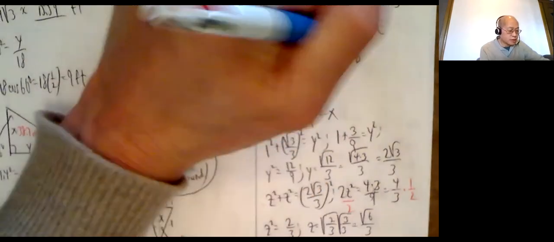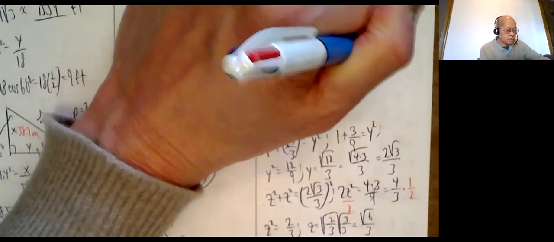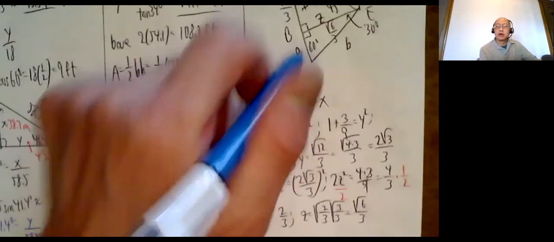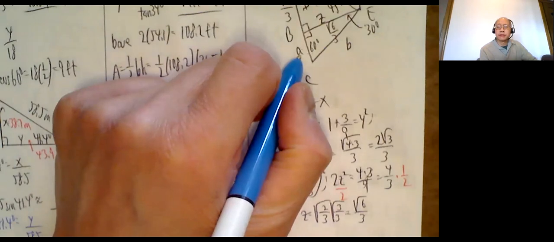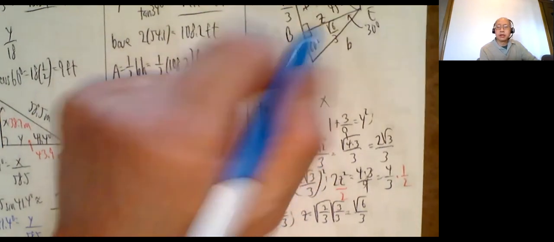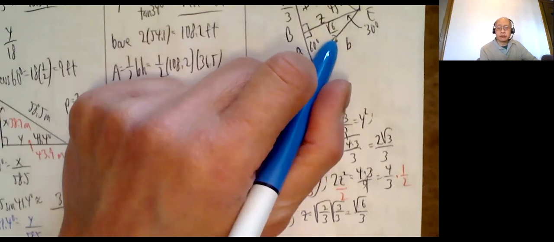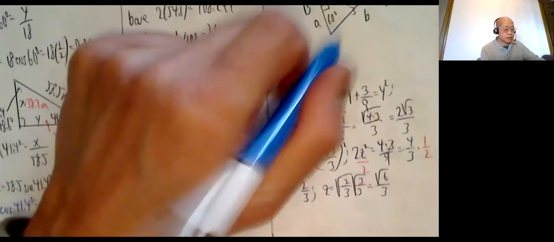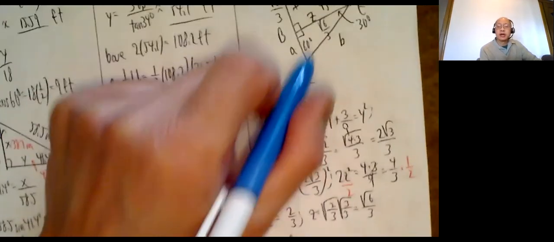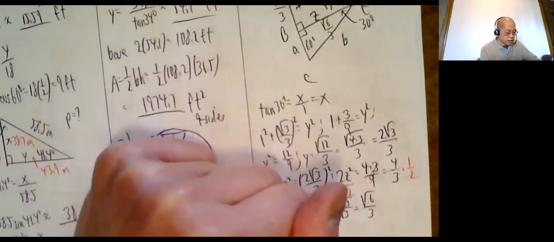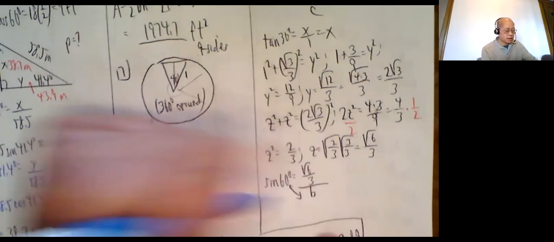Let's see, how much I want to show you. This is 30 degrees, right? Okay, how about I'll aim for the hypotenuse? 60 degrees, opposite hypotenuse. So cosine, sorry, sine. Sine of 60 degrees is opposite radical 6 over 3 divided by what I'm calling B. Switch these two.